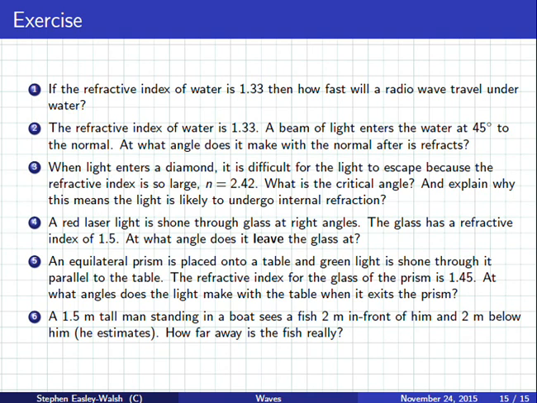But this time the light is going from the glass to the air, but it doesn't leave. This angle here is C, and this angle here is 90. We saw the formula earlier. It's sine inverse of 1 over 1.5, so C equals 41.8 degrees. This is the critical angle.